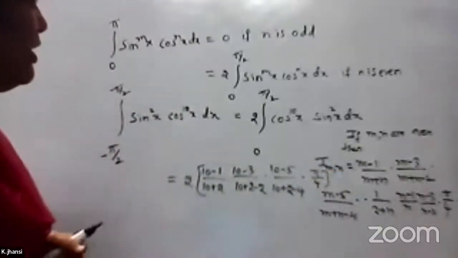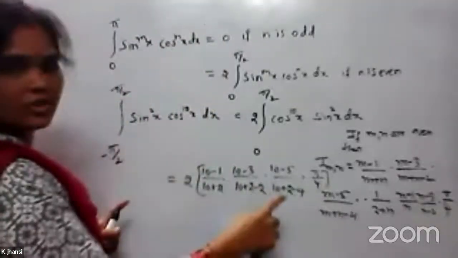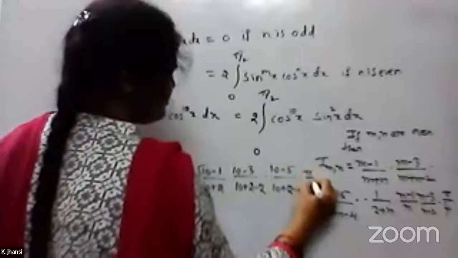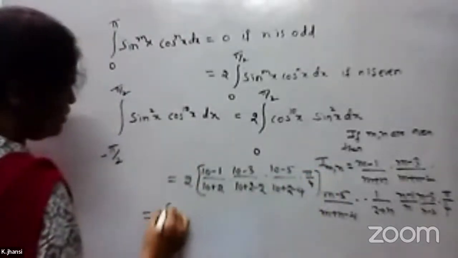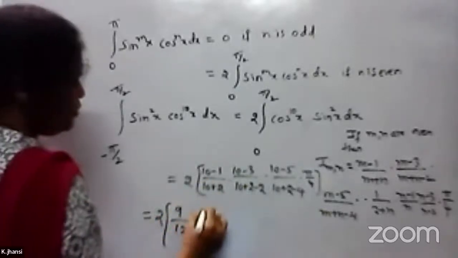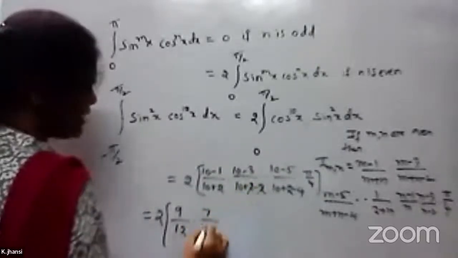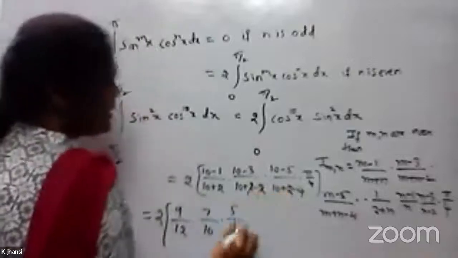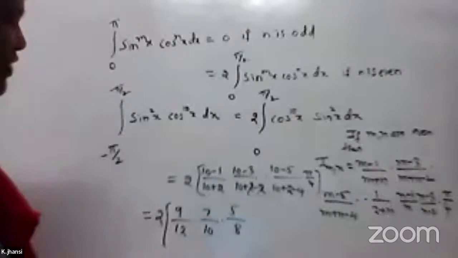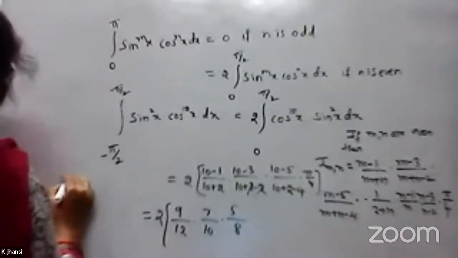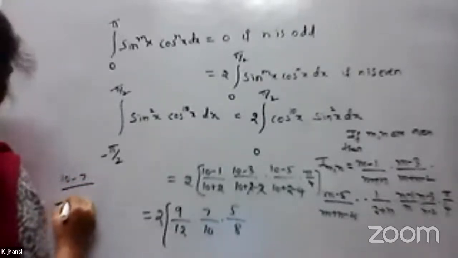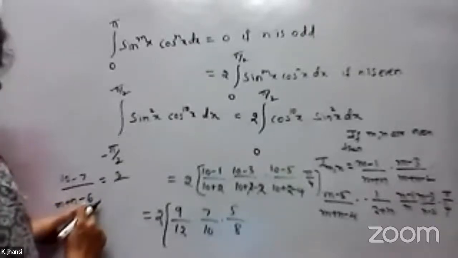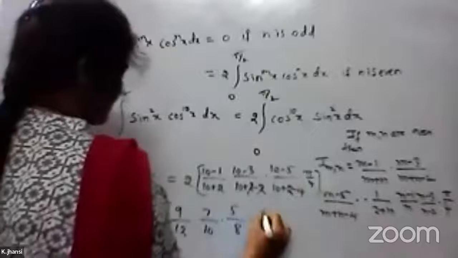Okay, so try to write. You are able to see, no, into pi by 4. 10 minus 1 is 9, 9 by 12, into 10 minus 3 is 7, 7 by 10, into 10 minus 5 is 5 by 8. Next, 10 minus 7 by m plus n minus 6, so it will be 3 by 12 minus 6, which is 6.